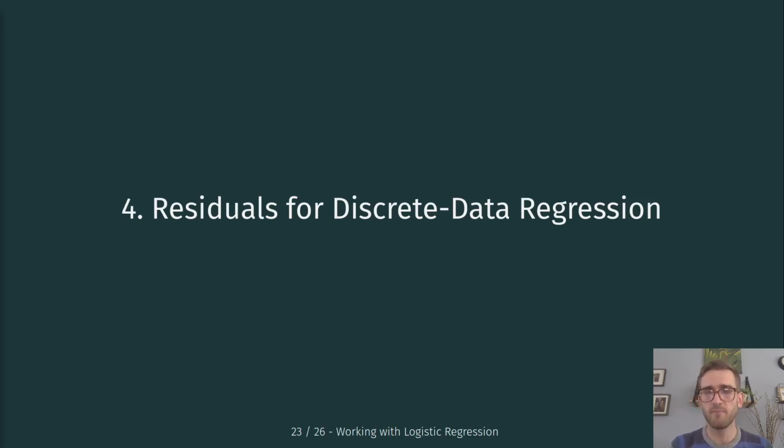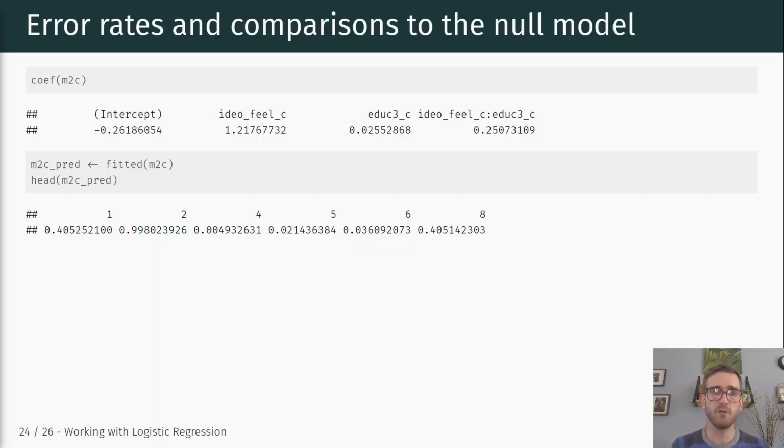But before we get to the actual residual plot, let's briefly talk about error rates and comparisons between models in order to evaluate the model fit of a specific logistic regression. Again, we're working with one of the logistic regressions that we estimated in one of the previous videos.